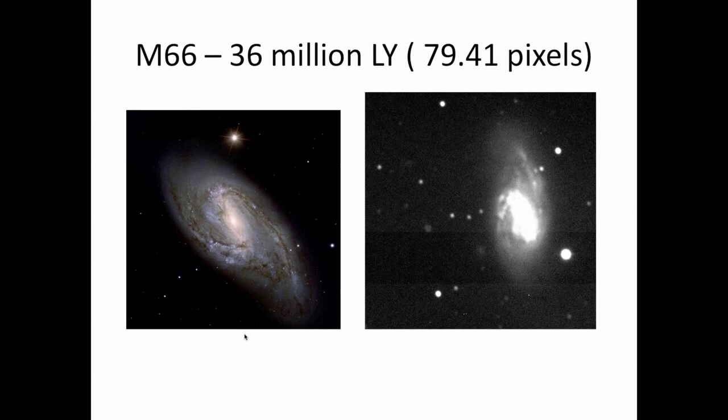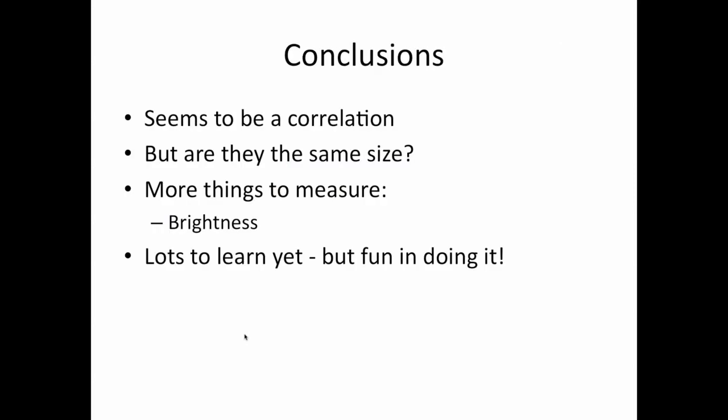So I think I have one more slide that makes a conclusion. There seems to be a correlation, but are they the same size? More things to measure. It was just kind of fun seeing that everything I did brought up another question, and I could keep on going with it. So I'm hoping that as I introduce this to the kids, we learn together. So that's it.